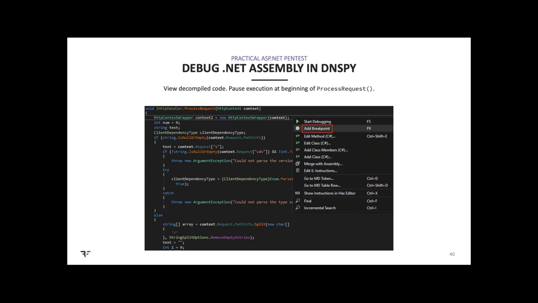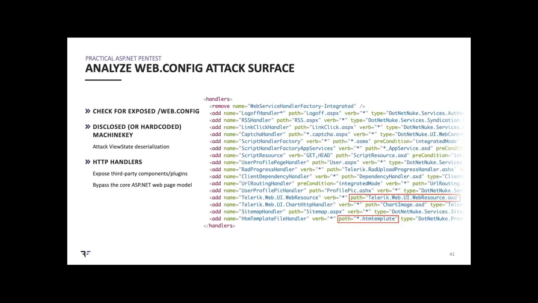And normally what I do here is enter the ProcessRequest function and add a breakpoint right at the beginning of that function, so that when I start testing this component, the debugger will stop and pause execution as soon as it hits that function, and I can then inspect the values of local variables that have values assigned to them, and see exactly what's going on while testing code like this.